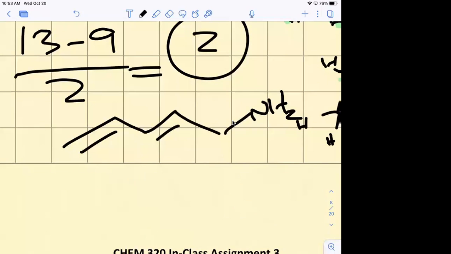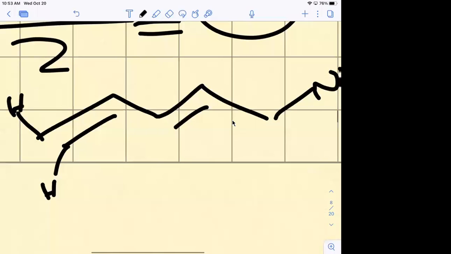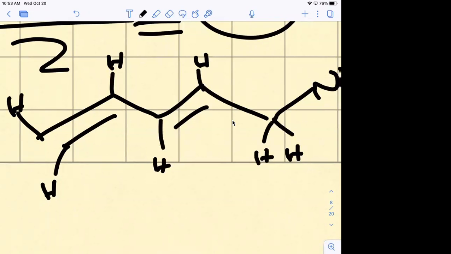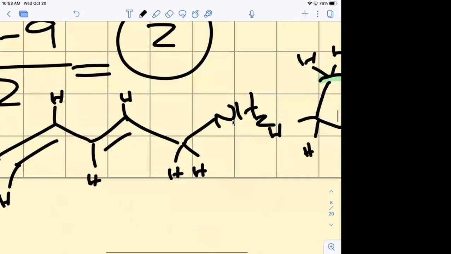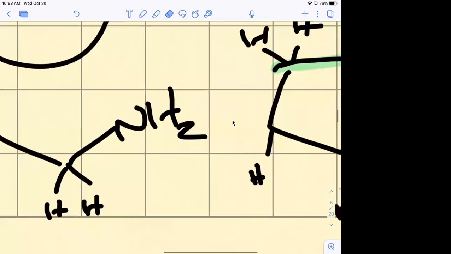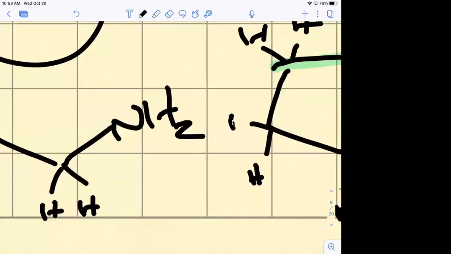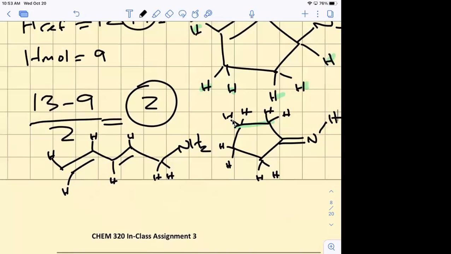And that will be 9 hydrogens also, right? I might have to shrink that down so it doesn't get cut off. So that's 2, 4, 7, and then the NH2 will make 9. Is that right? So there's really no specific structure that you have to have. All of these are proposals.